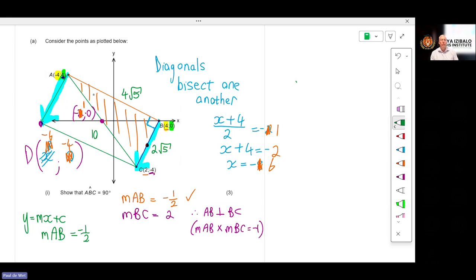At which point did you use, A or B? A. Okay, so y equals mx plus c, and then you substituted in the point and your gradient. You use point A. So what did you get for the y value?